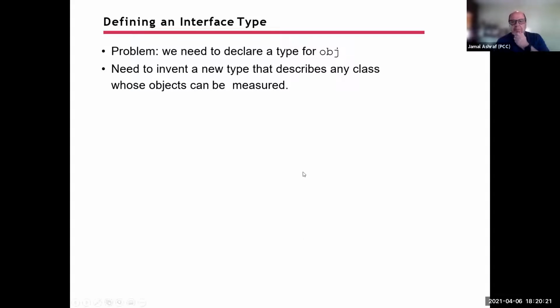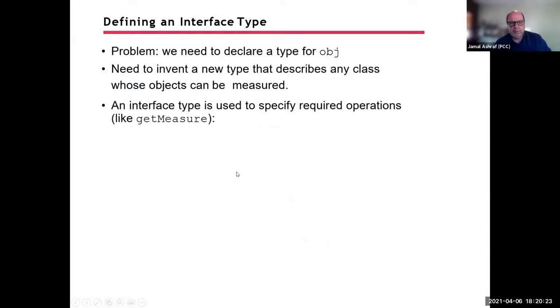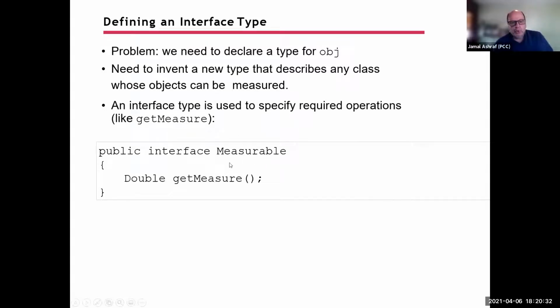In here, we call it get measure. I might call it give me a number, or whatever you want to call it. So we put that in the interface. Remember that when we have an interface, we can extend it, or we can get the interface, and then we have to implement that method.